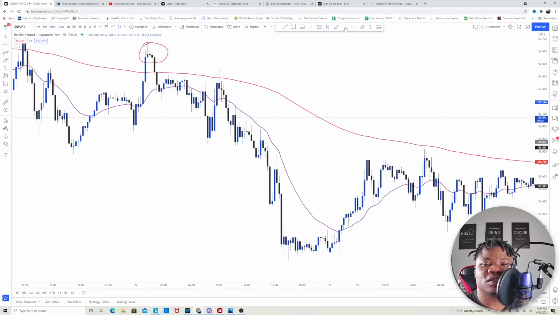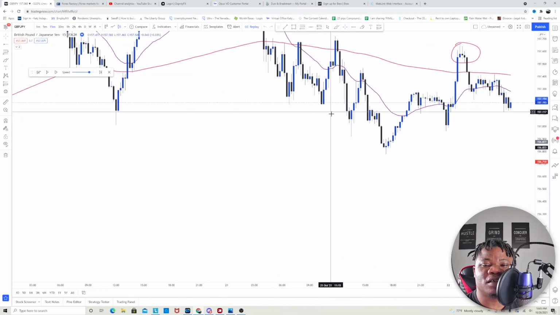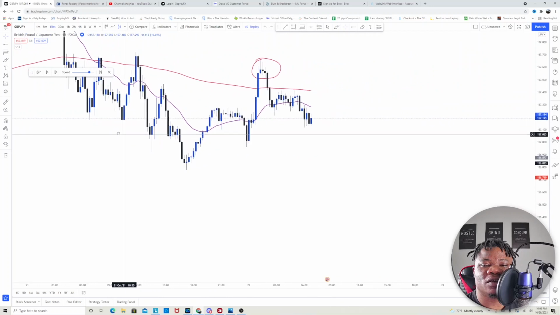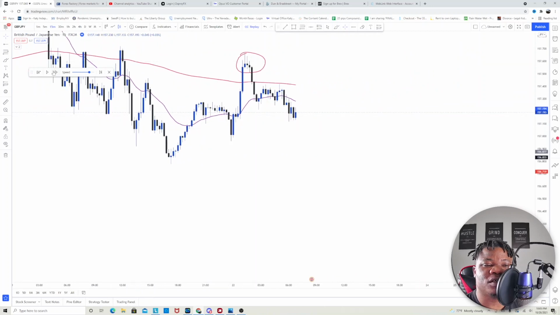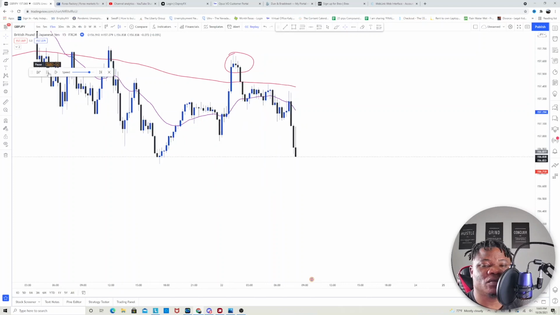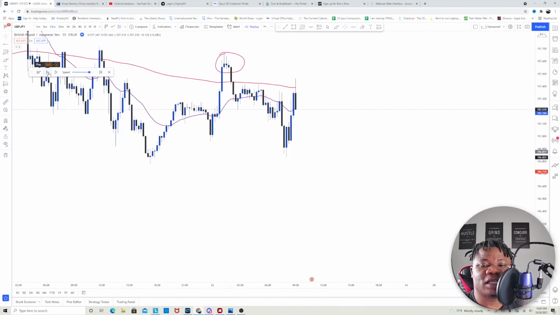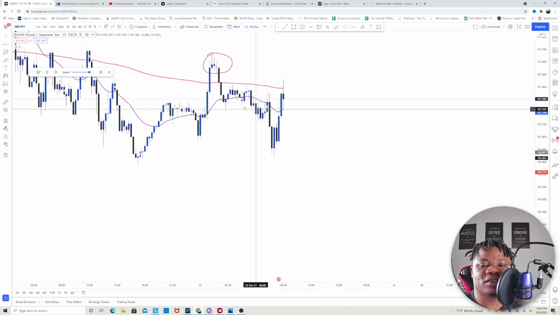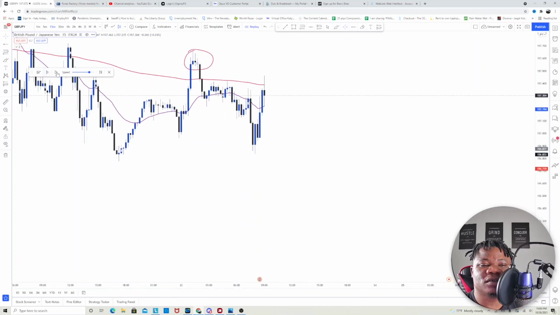Now let's put this in replay mode, and let's just start from right over here, and let's see where we're going to have our entry. So let's see here. Now we have the pullback right over here. It touched the 200 EMA.